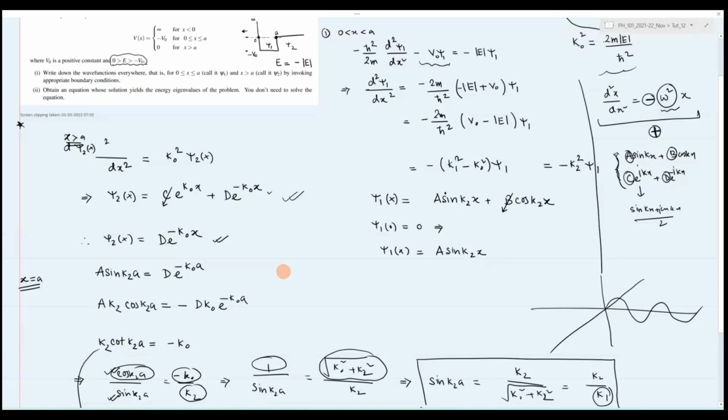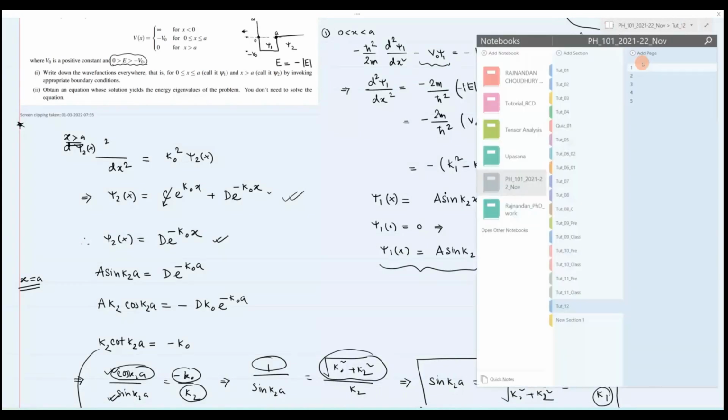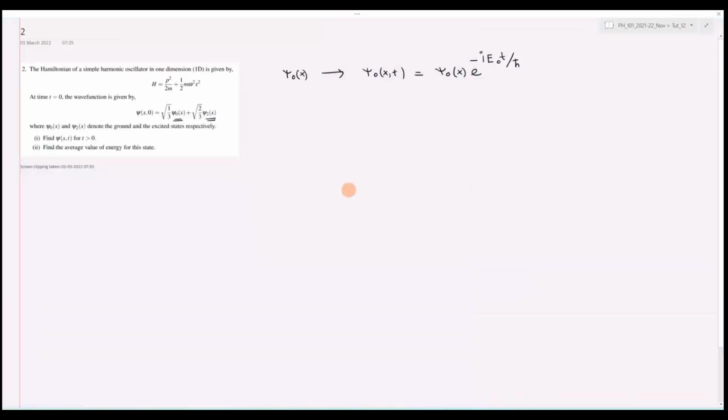No, unless asked, why do you want to do that? The question says write the wave function, so we can just write the non-normalized wave function, right? Yes, this is also a wave function. Unless asked to find the constants, you don't need to do that.